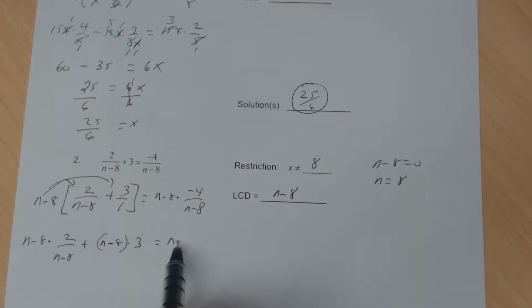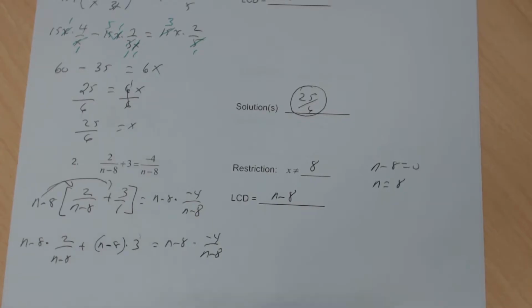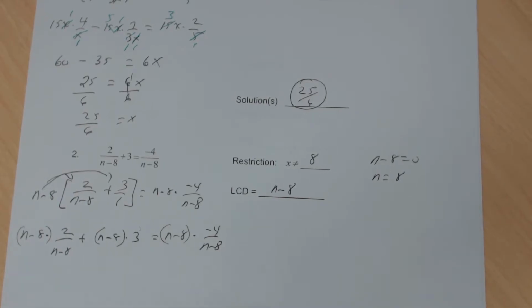Equal, and then n minus 8 times negative 4 divided by n minus 8. Technically, if you wanted to, you could have put the n minus 8 in parentheses right here as well; it's up to you. But the parentheses was really necessary, because if you didn't put it, at some point you probably would have said n minus 24, and that's not correct. So that parentheses was extremely important here.